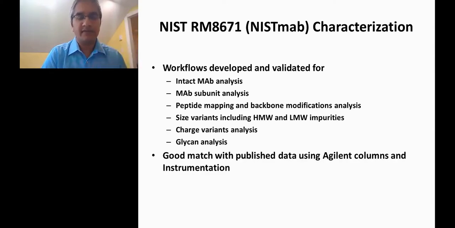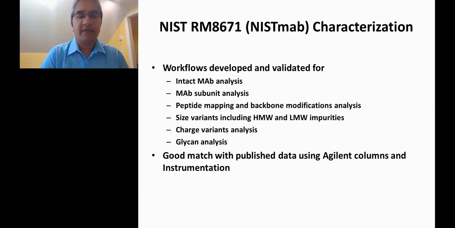This is extensive data that we are putting together with the help of Agilent into a compendium to provide an additional reference for this antibody using all the Agilent instruments, which will hopefully be published fairly soon.